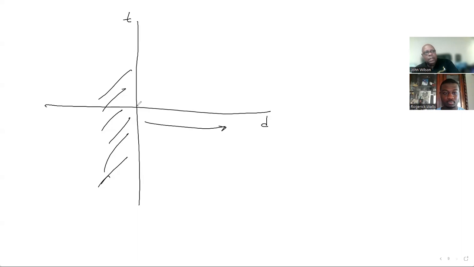So let's say the runner goes 10 yards, and then the runner goes 20 yards, and at 20 yards, we're at 30 yards. And let's say he runs in a linear manner.